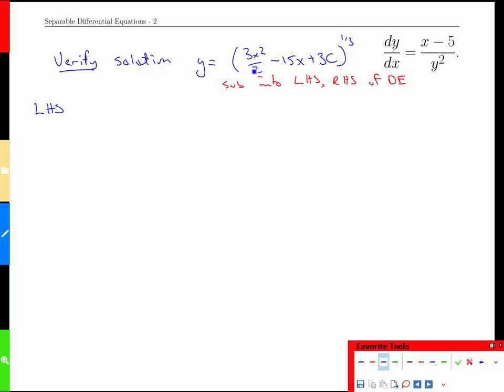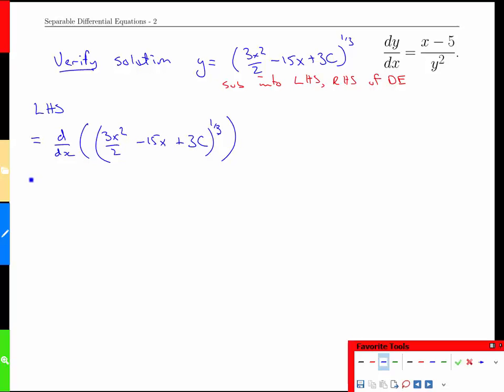If it is the correct solution, it'll satisfy it, and the left-hand side will equal the right-hand side. The left-hand side is the derivative with respect to x of that entire thing. Just to warn you, in this class there's quite a bit of algebra and quite a few long equations to work with, so this is a good acclimatization.